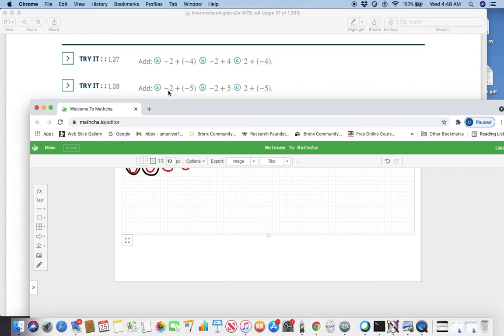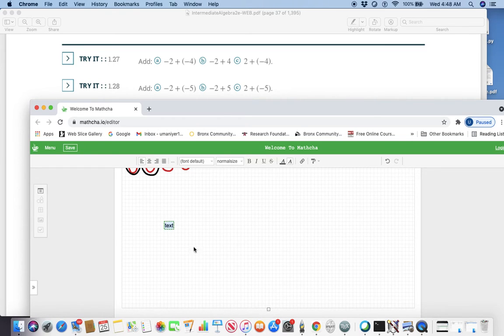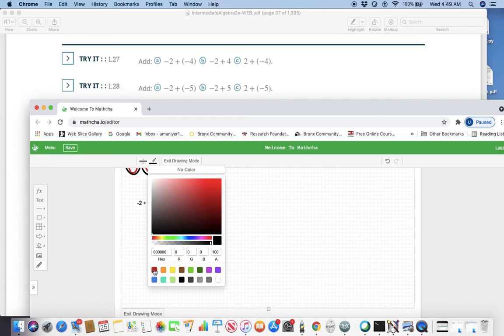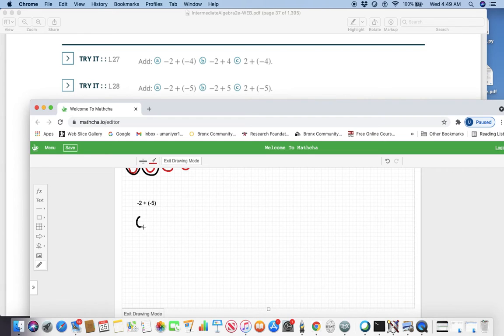Next, -2 plus -5. So you probably recognize what's going to happen. I'm going to have 2 red counters and -5.